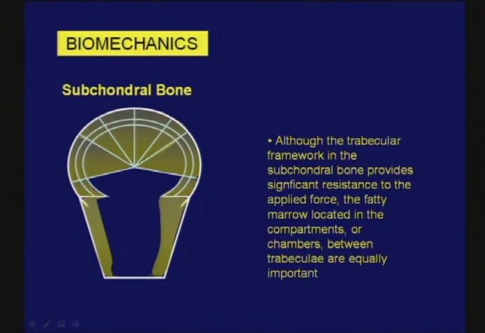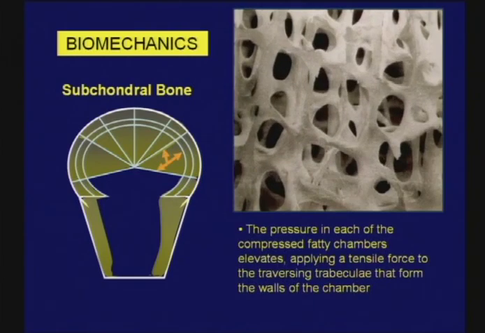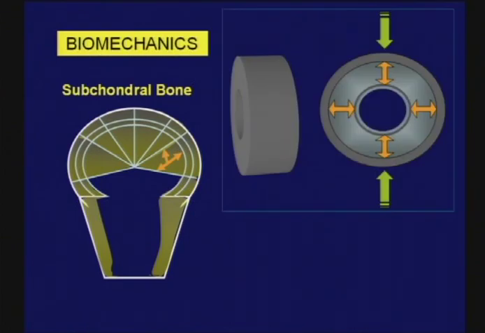This fat is compressed as well. The pressure in each of these compressed fatty chambers elevates when a compressive or shear force is applied to the surface. That tensile force is applied to the walls of the chamber. All right, that's what occurs, increasing the pressure within each of the chambers.